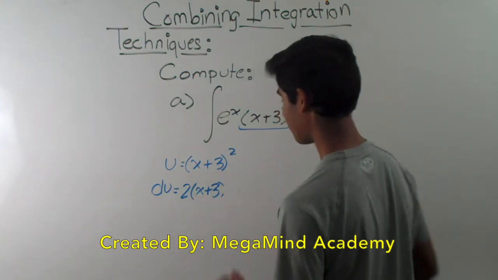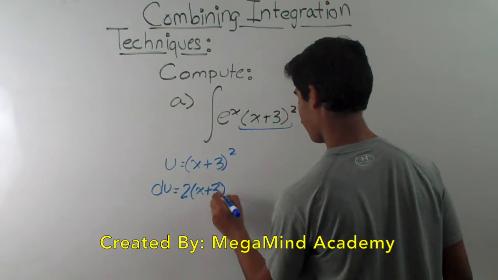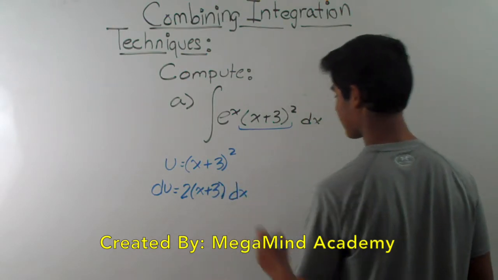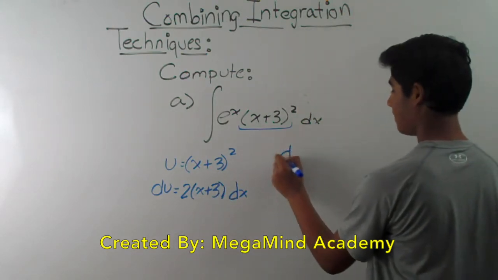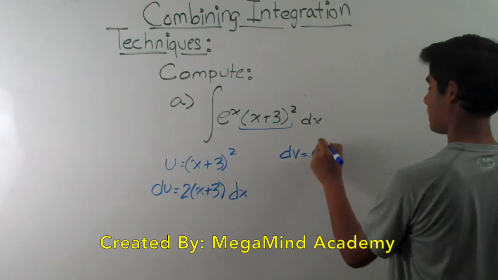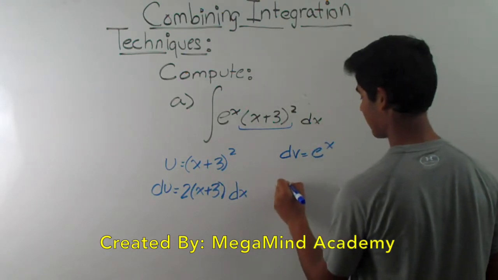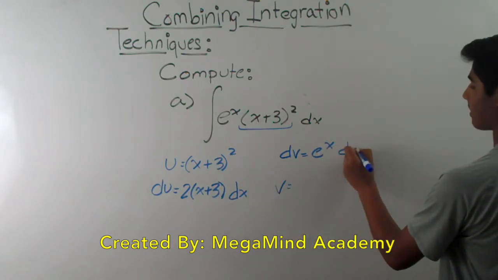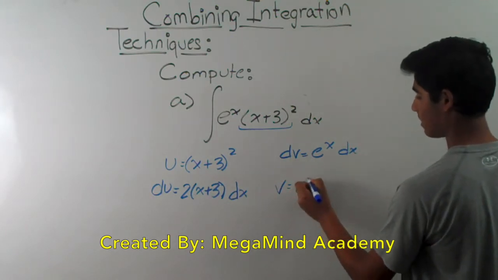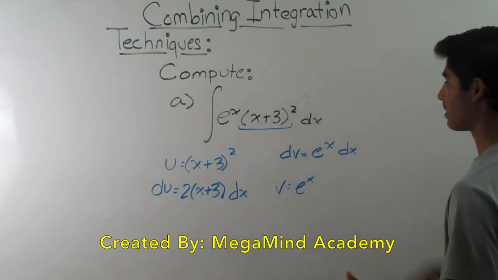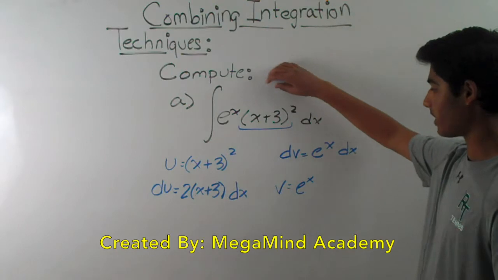So this is 2 times (x plus 3) dx. Now dv is equal to e to the x dx, meaning that v is also equal to e to the x. So we can use the first part of integration by parts.